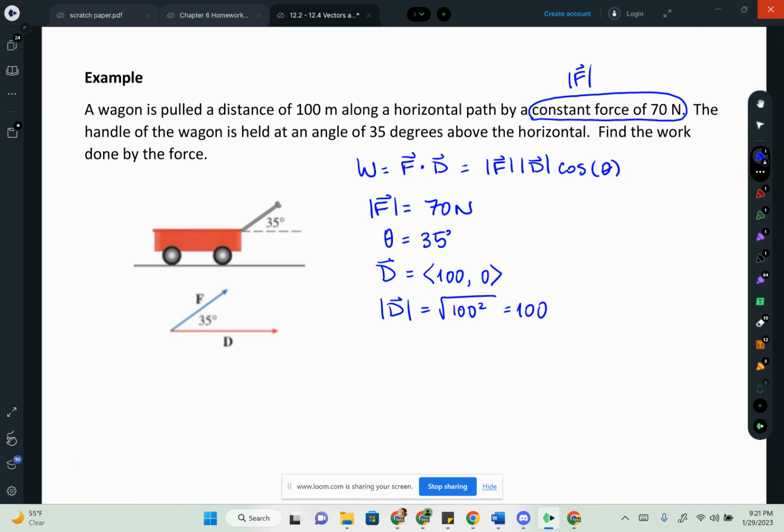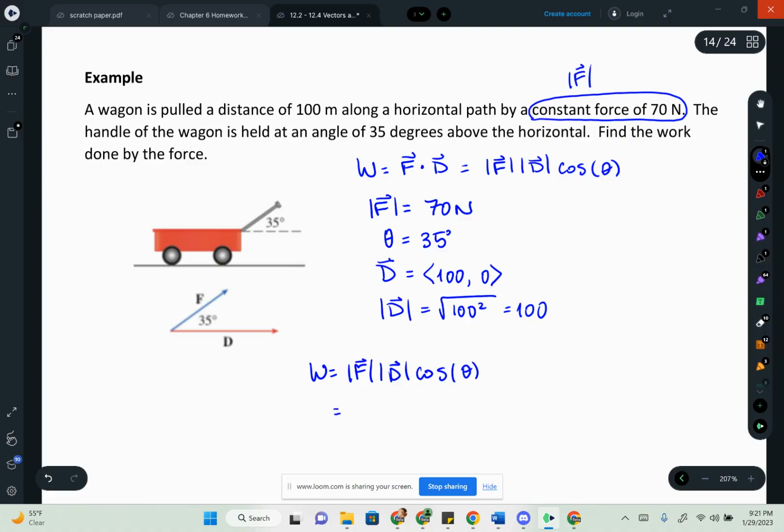That means that we can calculate our work using the magnitude of F times the magnitude of D times cosine of theta. Putting everything in, I have 70 newtons for the force. I have 100 meters for the distance. And then I have cosine of the angle, which is 35 degrees.